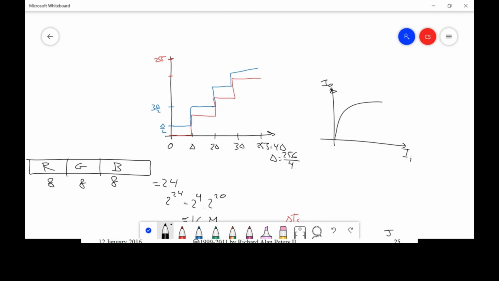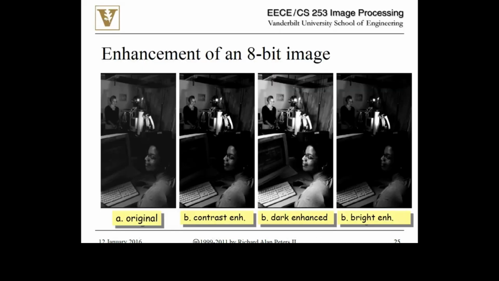This transformation is enhancing the dark values, while this other transformation, another gamma, is enhancing the bright region. I never remember which one is which, but let's say this is gamma smaller than 1, this is gamma larger than 1. These things we already know.